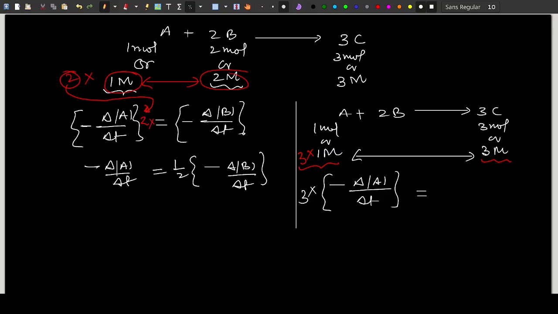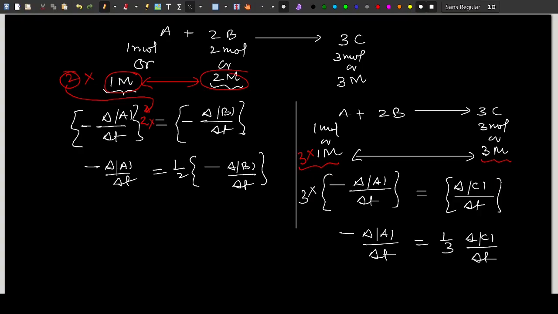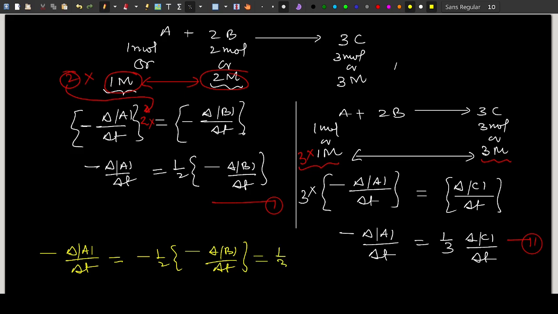This is equal to delta C upon delta T. In a simpler way, minus delta A upon delta T is equal to 1 upon 3 delta C upon delta T. Now friends, this is equation number 1, and this is equation number 2. So you can conclude: minus delta A upon delta T is equal to 1 upon 2 of minus delta B upon delta T, which is equal to 1 upon 3 delta C upon delta T.